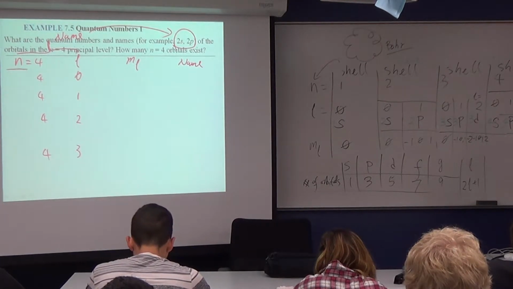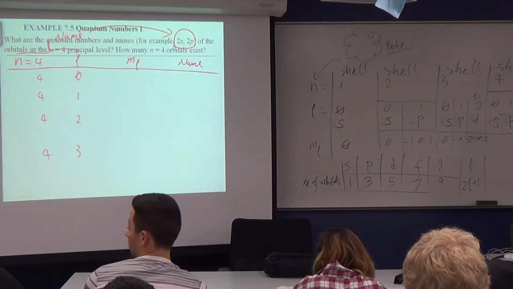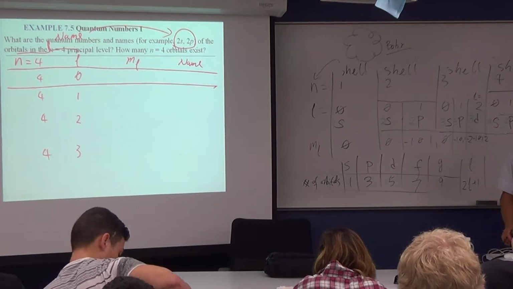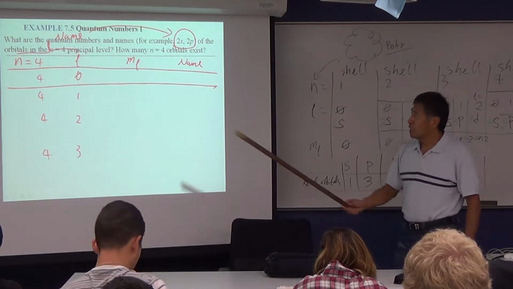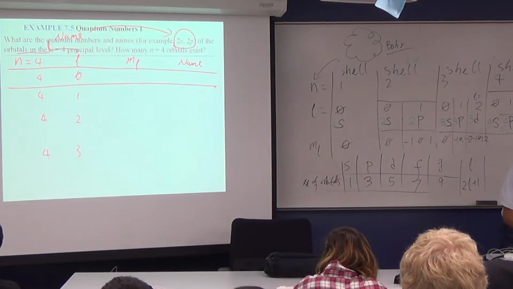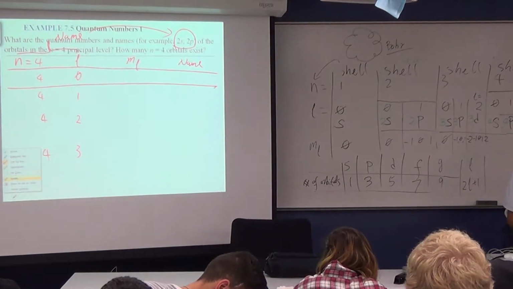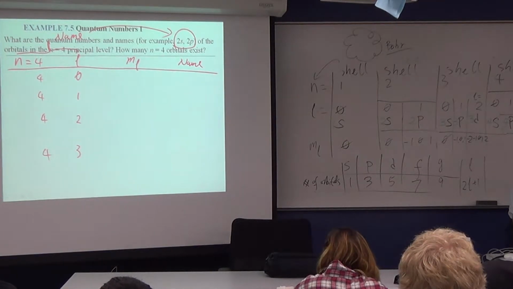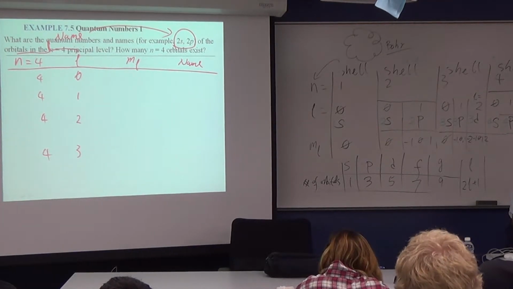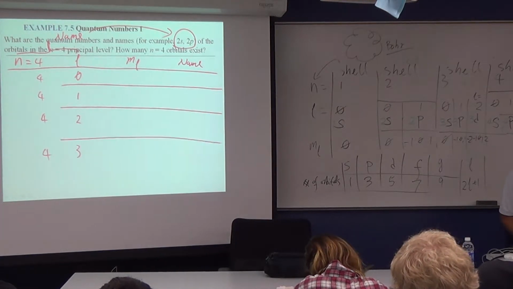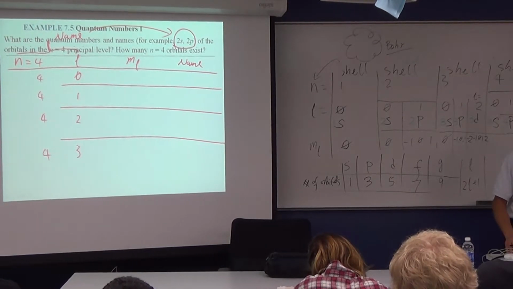Let's think about this title. What are the possible numbers for ML? Let's do one by one. How many L do we have? I will draw something like this. So this is for this, and this is for this. You all have that n equals 4.